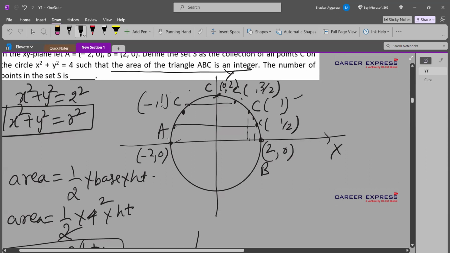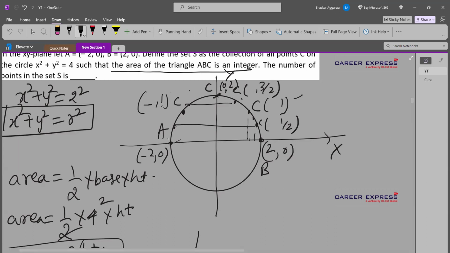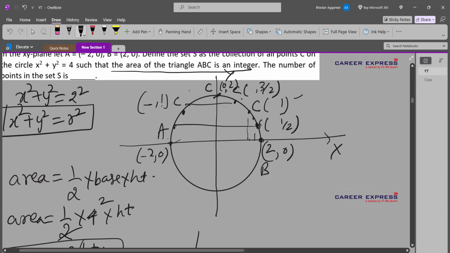So there can also we have point C. So how many values of point C are possible above x-axis? As we can count 1, 2, 3, 4, 5, 6, and 7. I will write them again.